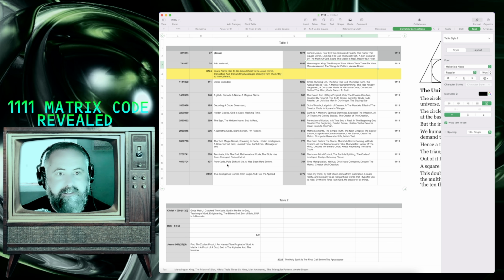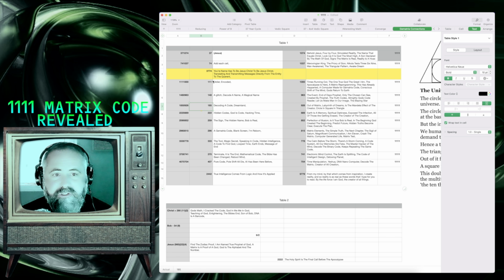Because I'm using this spreadsheet software for the Mac called Numbers, and these little boxes here are called cells. It's just like Microsoft Excel, but it's for the Mac. And so it felt like an instruction. It was telling me to add each one of the numbers in these cells. So I did.